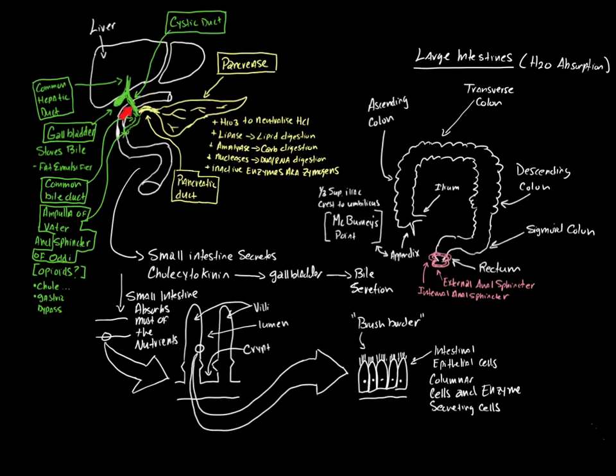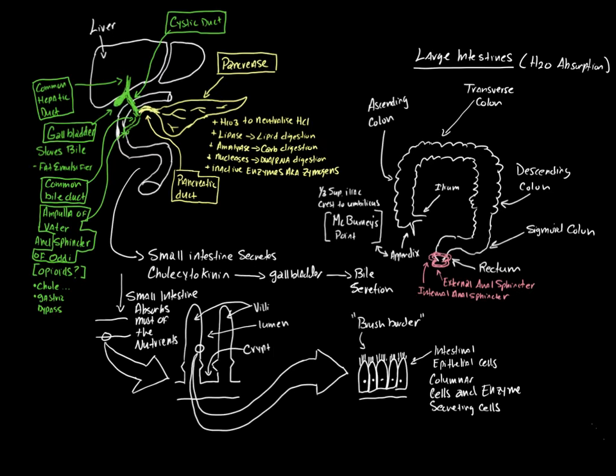And so what happens is as this chyme travels through here and flows over these villi, you have enzymes that get secreted from the epithelial cells called brush border enzymes, and those enzymes facilitate the absorption of those nutrients into these cells through phagocytosis, pinocytosis, and then just through simple passive diffusion as well in some cases.